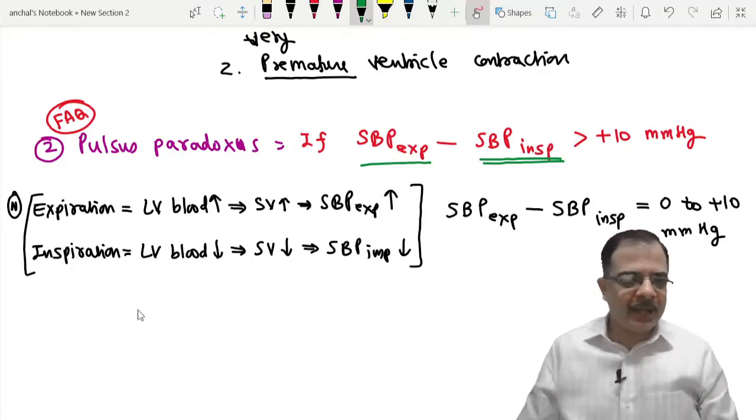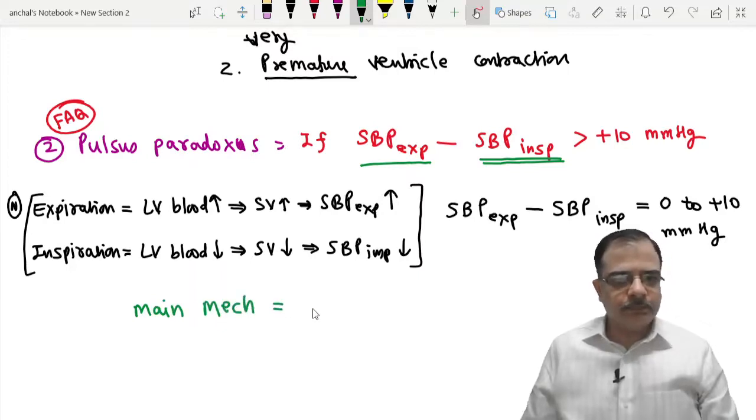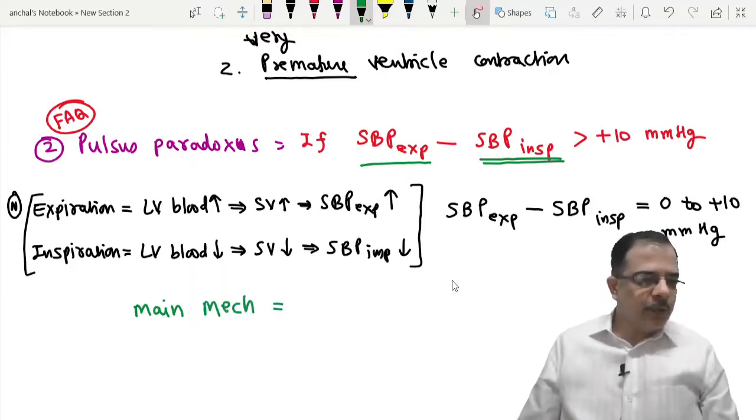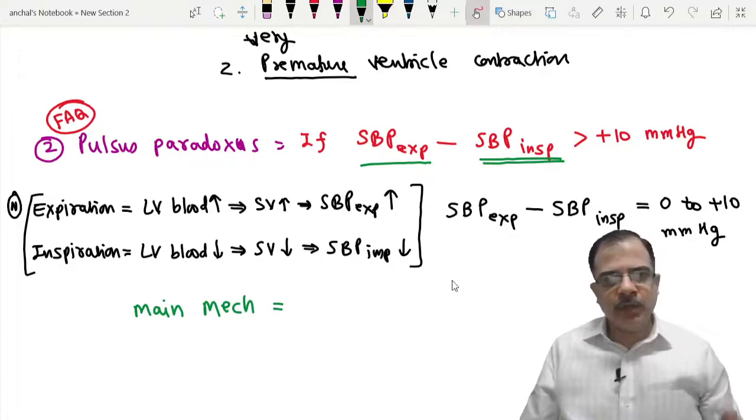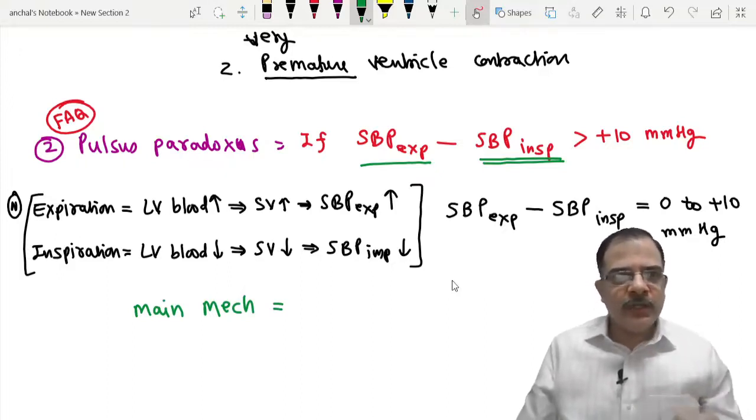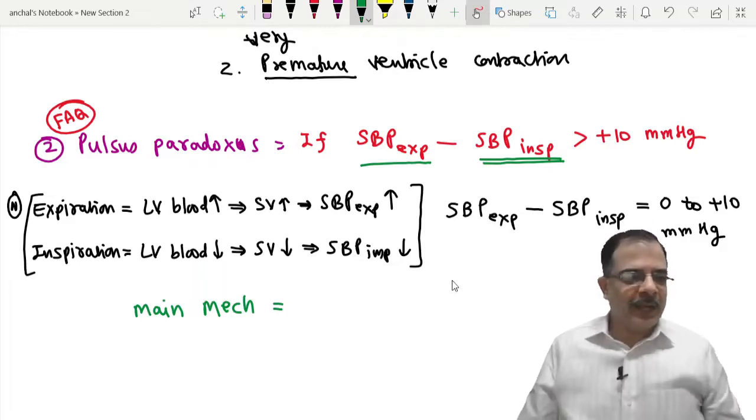So the main mechanism: we are talking about blood pressure here, the systolic BP. I have never told you that during the inspiratory phase pulse pressure increases.